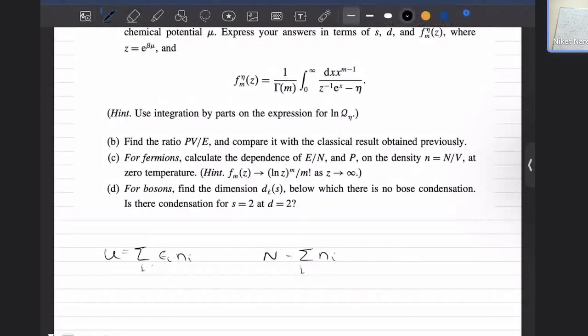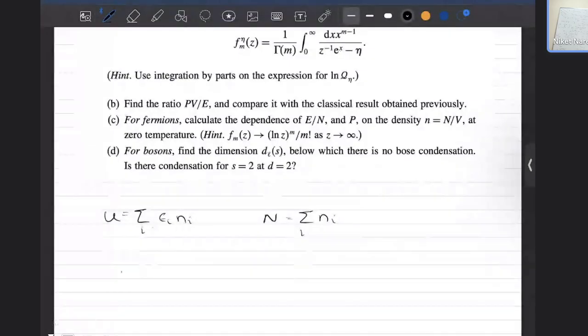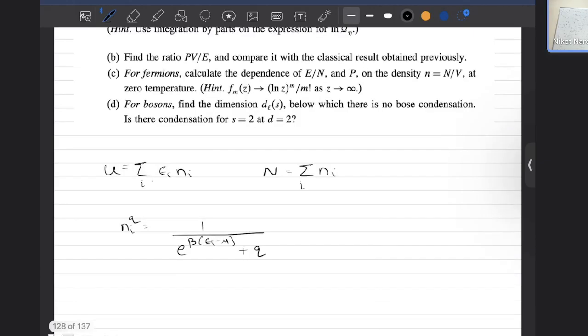We know the method though. So now n i is 1 divided by e raised to power beta epsilon i minus mu, plus q, right? What are we using? Was it q? I think it was q. So q is equal to minus 1 for boson and q is equal to plus 1 for fermions. And we have to sum this over i.